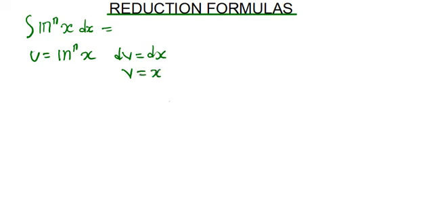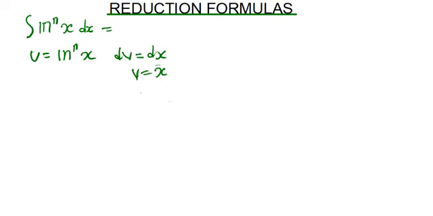Our v will be equal to x, because when you find the derivative of v with respect to x, dv/dx, you find it's 1. That's why our dv is equal to dx, meaning our v is equal to x.